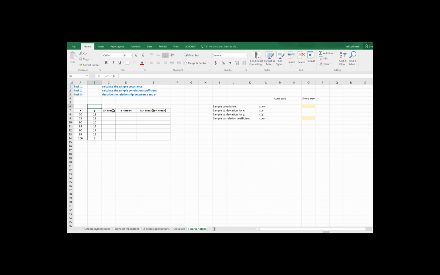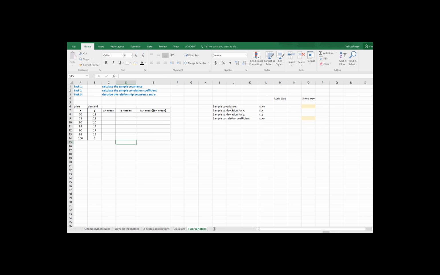Y is the demand and X is the price on a printer. We're going to compute sample covariance and sample correlation coefficient in two ways. We'll do it the long way just so you understand how that works, and then I'm going to show you a shortcut. Okay, so that's what we're going to do in this video.